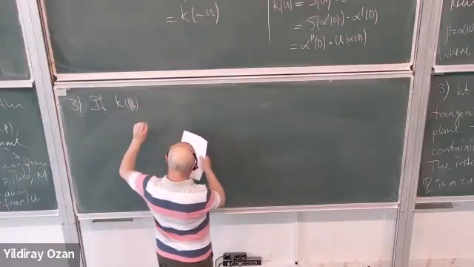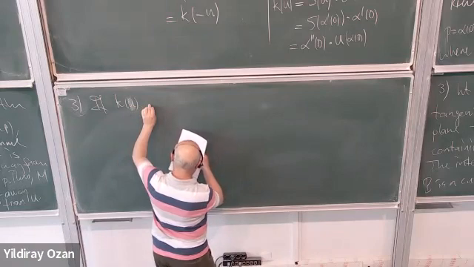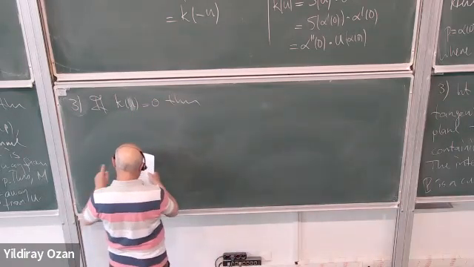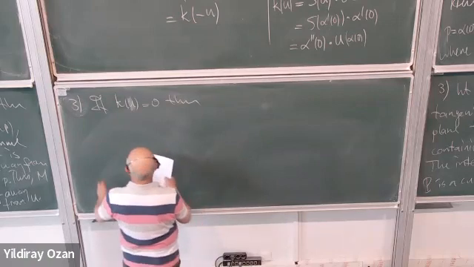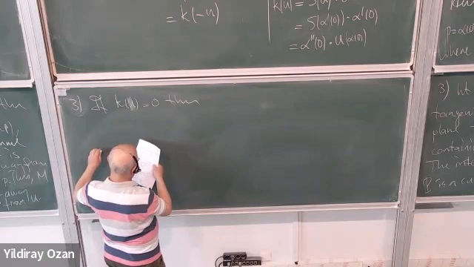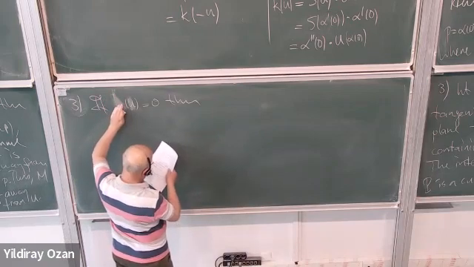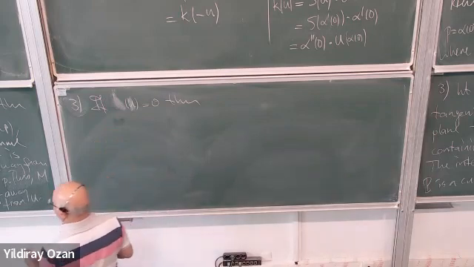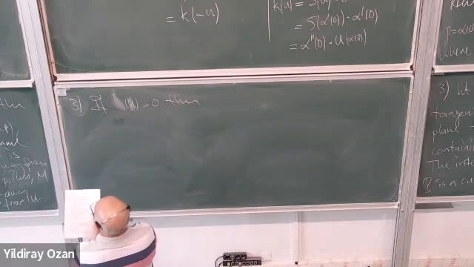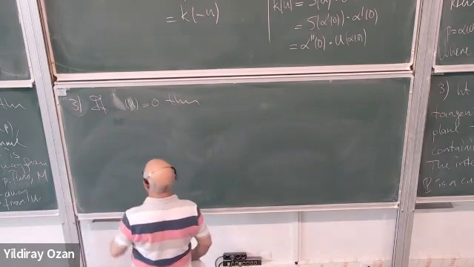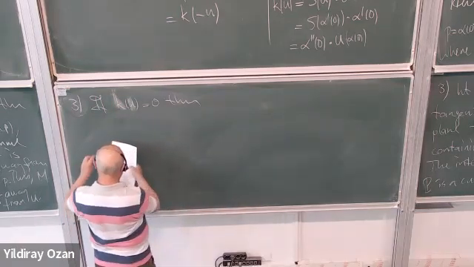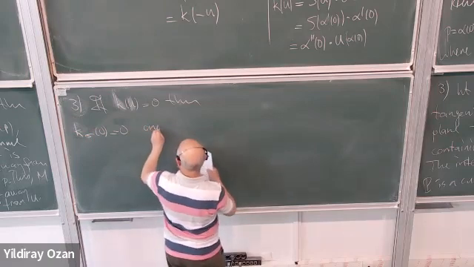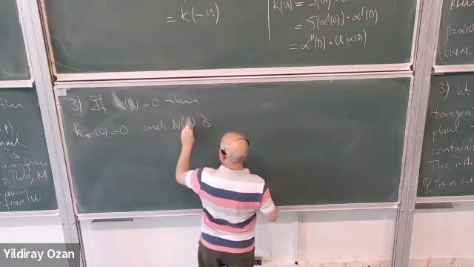If this is 0, then, yeah, I should write if k_u is 0, then this is also 0, and N_p is undefined.